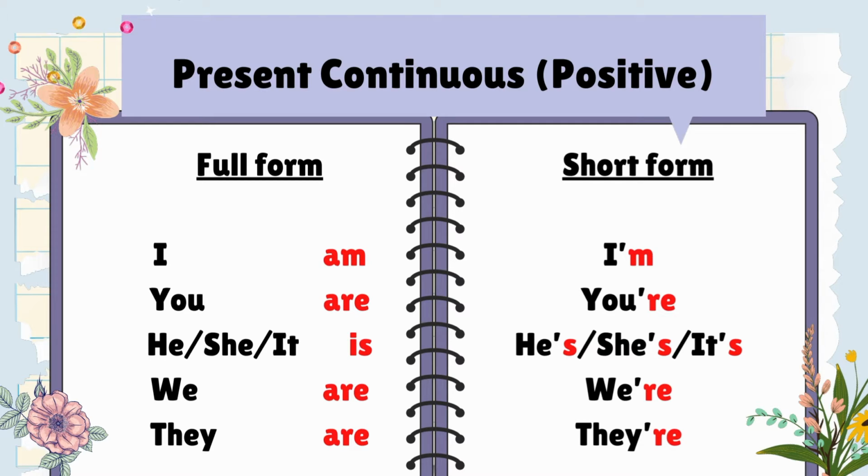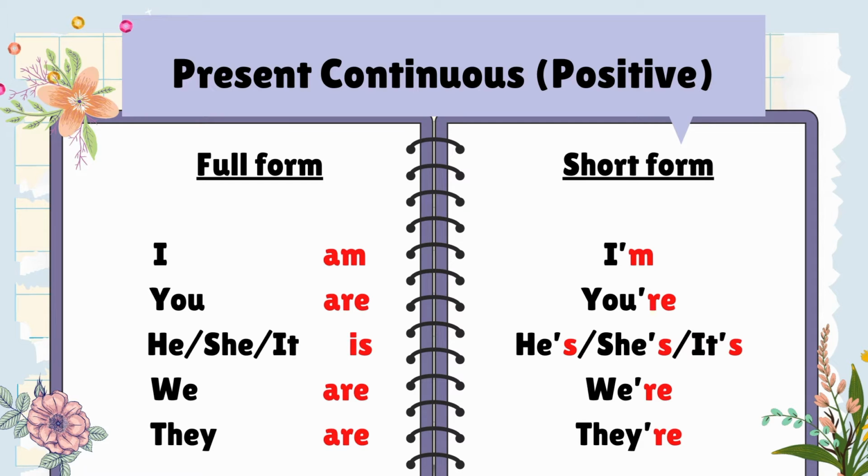As for the short form: I'm, you're, he's, she's, it's, we're, they're. For the short form, you need to remove the first letter of the be verb. So this is how you write the full form and the short form for present continuous positive.